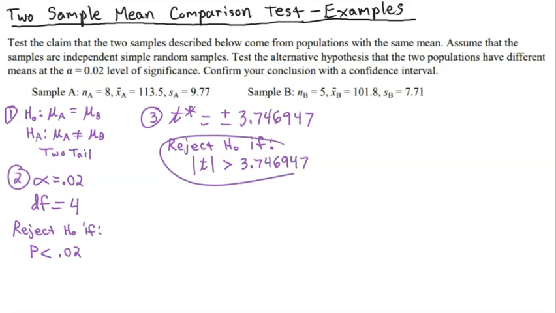Okay, that's our rejection rule. And we've got our critical t statistic, which we will also need for the confidence interval. And then for step 4, we're going to identify the standard error, and we're going to identify the t statistic, but we're going to identify them in NumWorks.